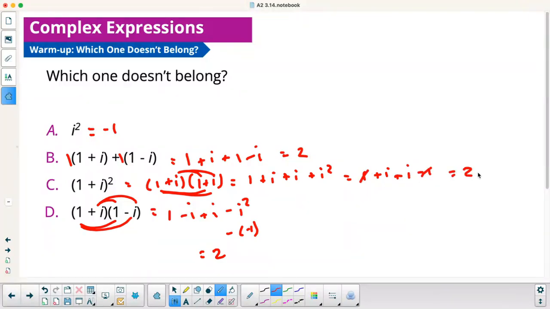This ends up being 2i. So actually, this is the only one with an i, so that would be a good reason that C doesn't belong. When you simplify it all out, it's the only one that has the imaginary part. A, you could say, is the only one that ends up being a negative number. A bunch of different reasons.